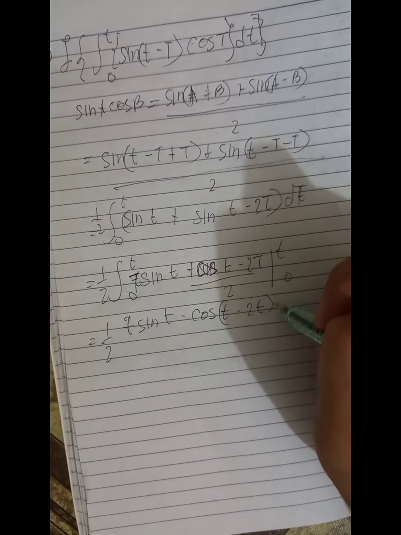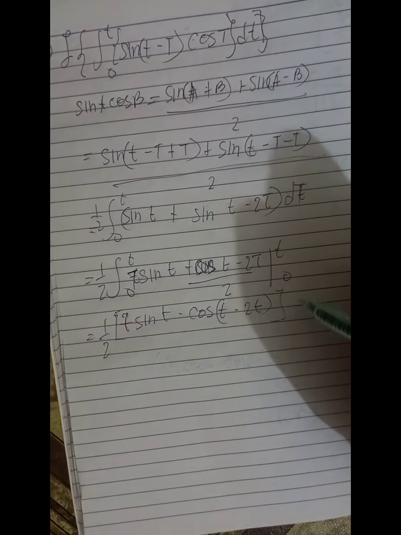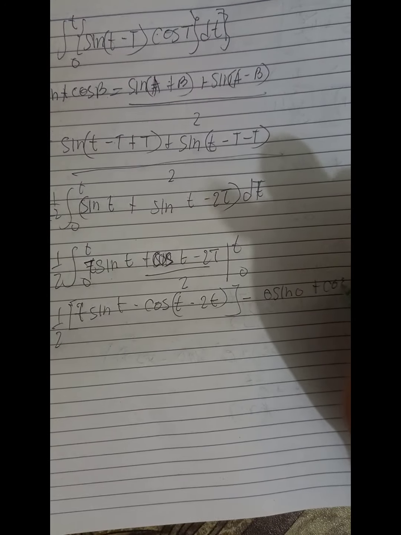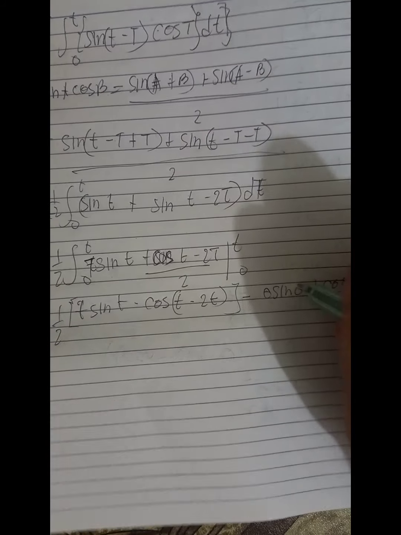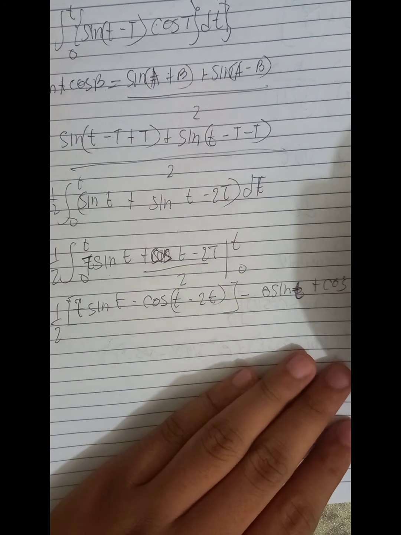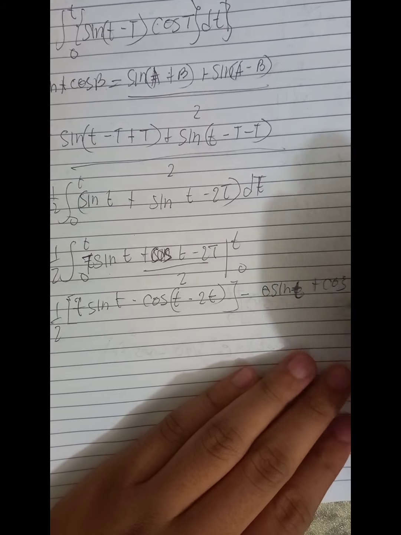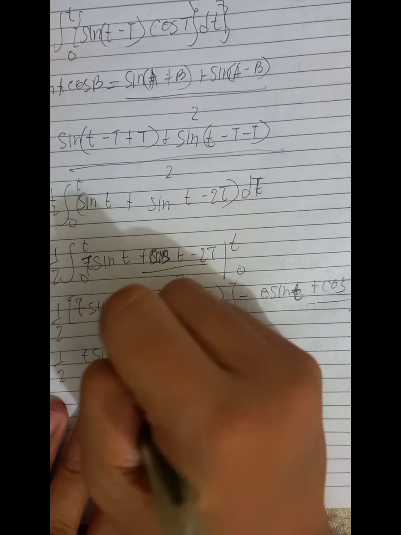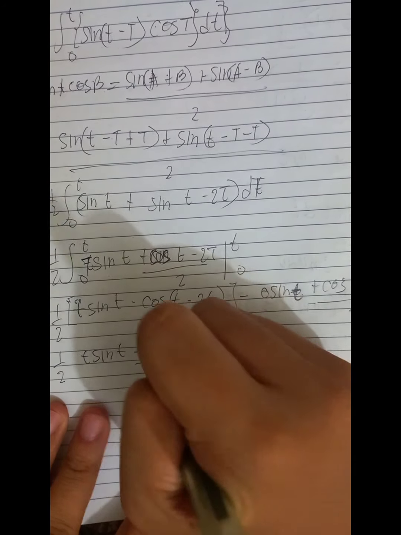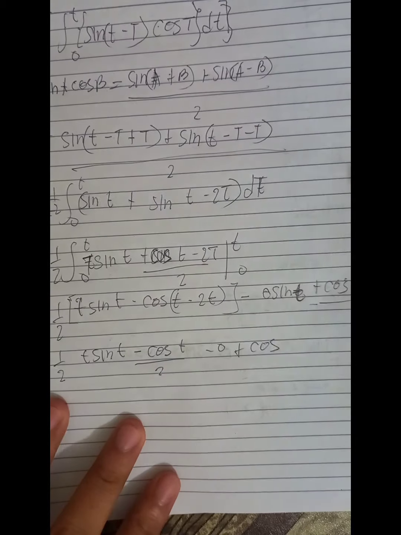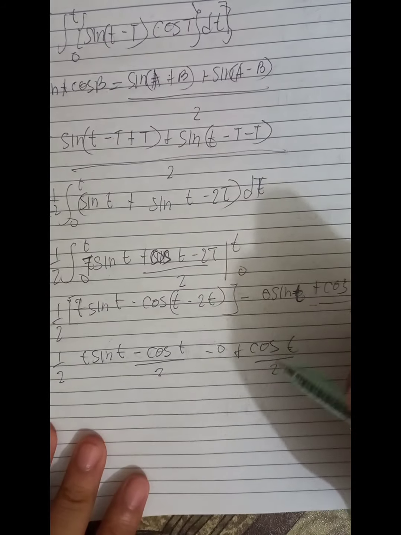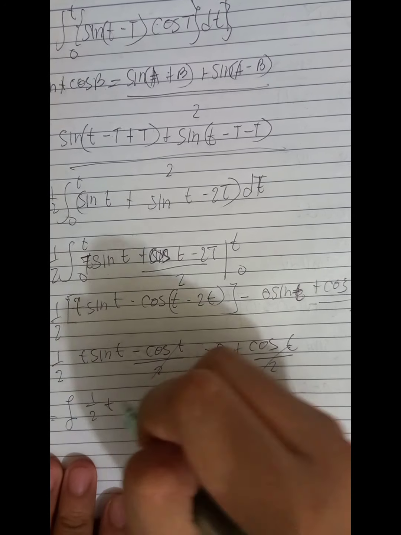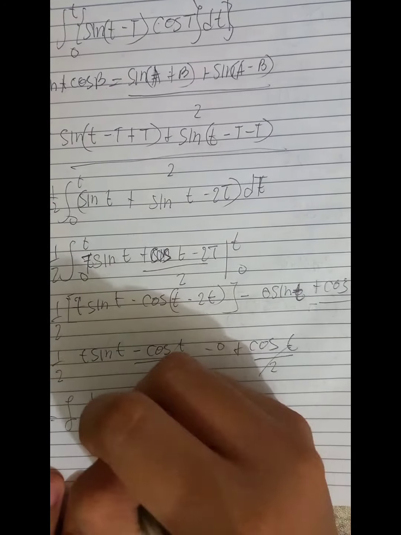And then the next step is we have to distribute the values of t and 0. Then we have to remove the 0 value and then the cosine over 2, because they are different sign.